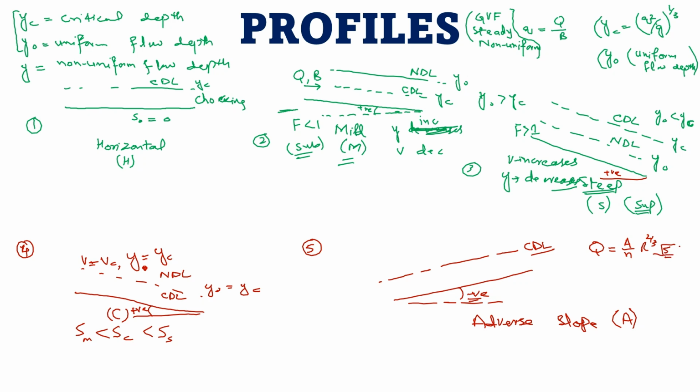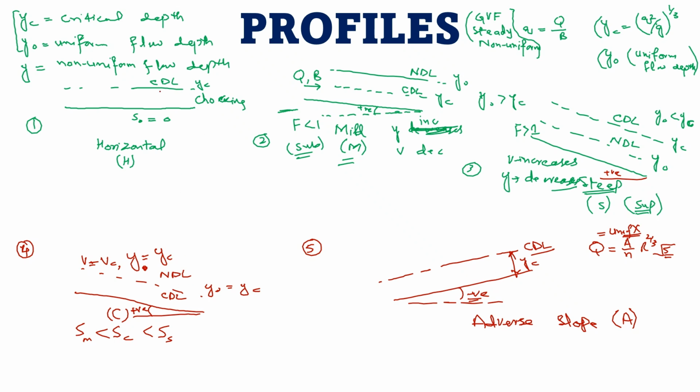When S becomes negative, the square root can never be solved. It means that Q cannot be found, so flow will not be uniform, or you can say that uniform flow is not possible. So in this case, we will not have y naught. We will only have yc.